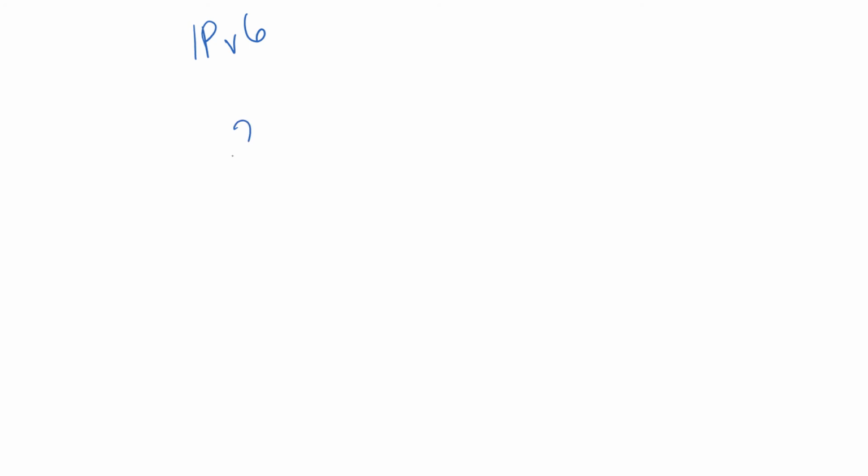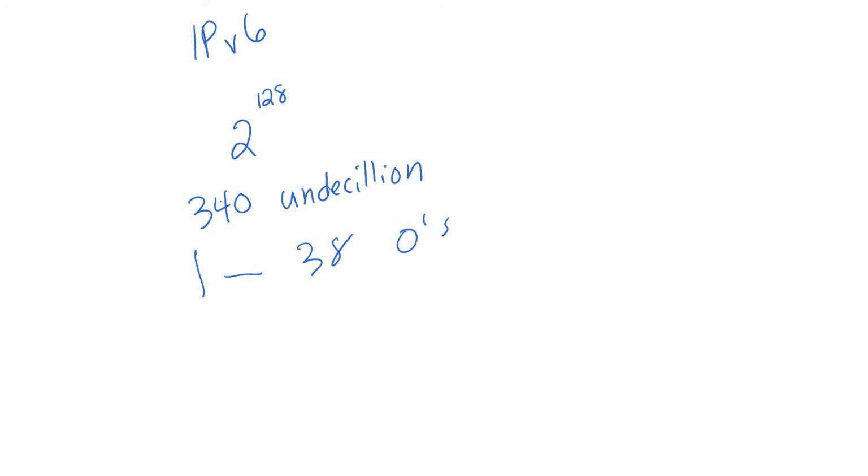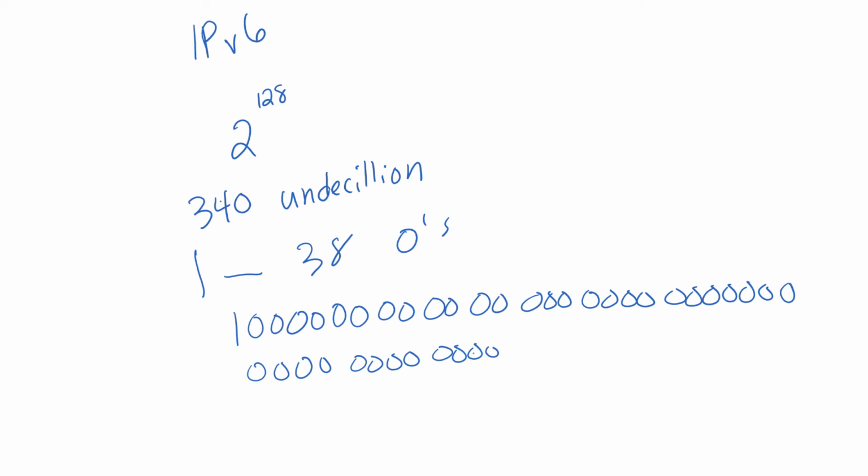In theory, 2 to the 128, which is also known as 340 undecillion, or a 1 followed by 38 zeros. Can we write that out? There we go. Well, actually, this would be 340. Yeah, there we go.